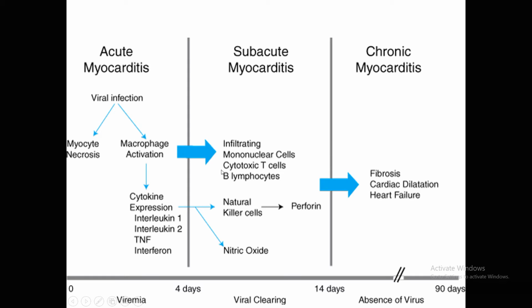Let me note that macrophages, mononuclear cells, will replace the release of cytokines by inflammatory cells during the chronic inflammation. Polynuclear cells will be replaced by mononuclear cells during the transition to subacute and later to chronic myocarditis.